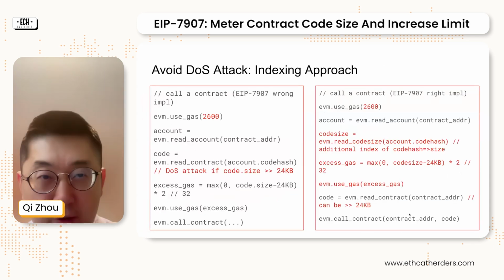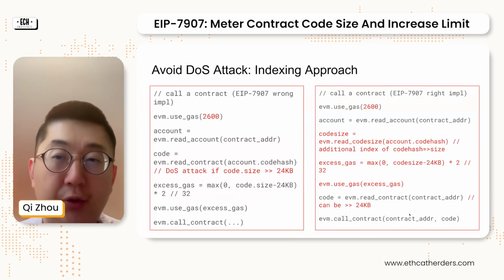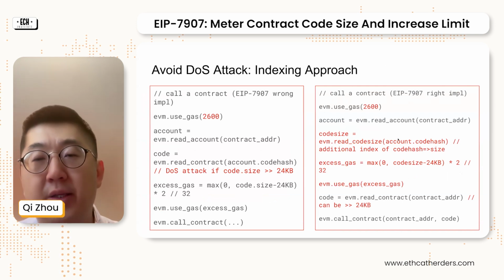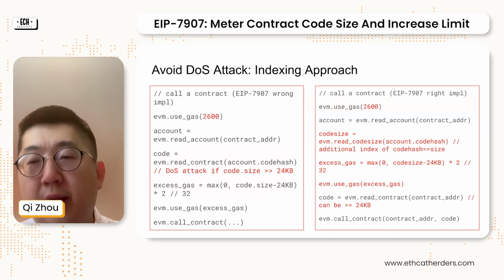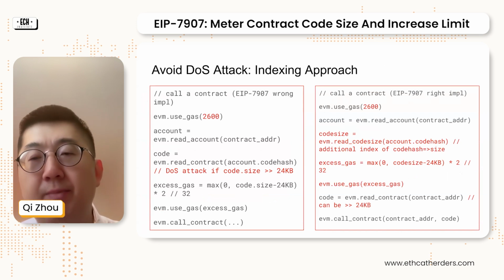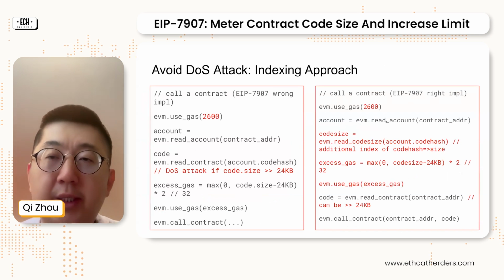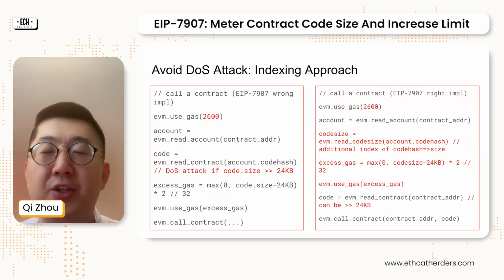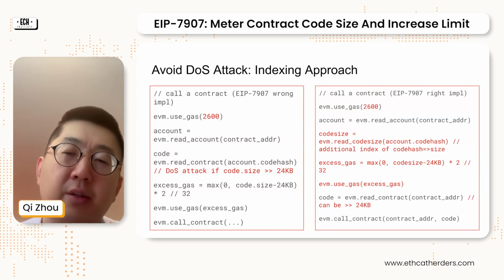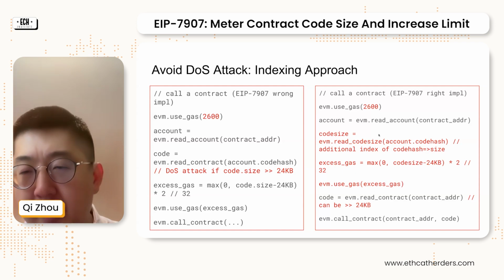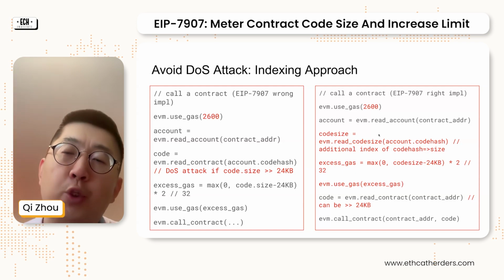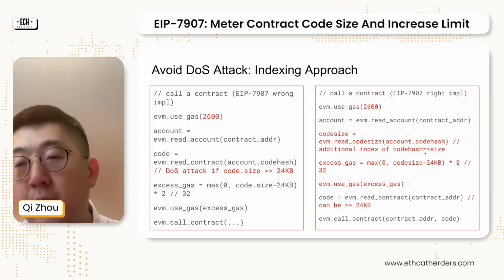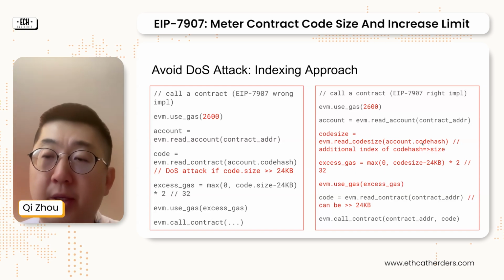So the basic idea to solve this problem is to have a way to know the contract size, or know whether the contract is a large one and its corresponding size. Here is one of the implementations that we are proposing. Actually, there are three different types of implementation that try to address this problem. The first one, which I introduce here, is perhaps the simplest: we have an additional index that tells the code size of the corresponding code hash.